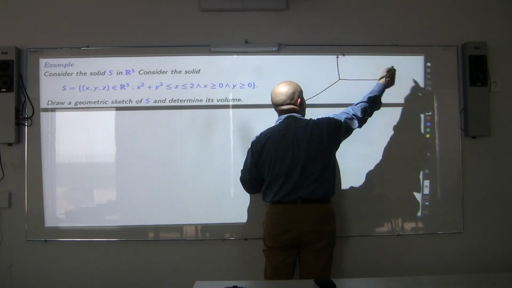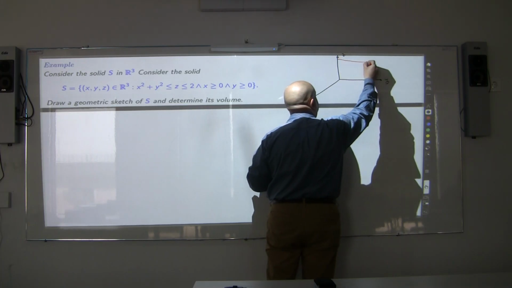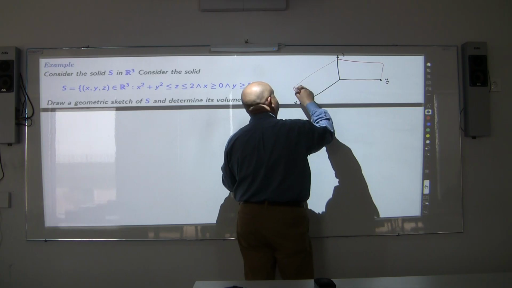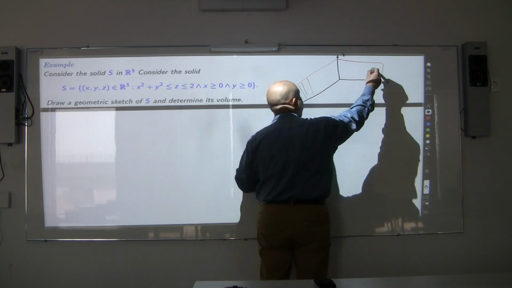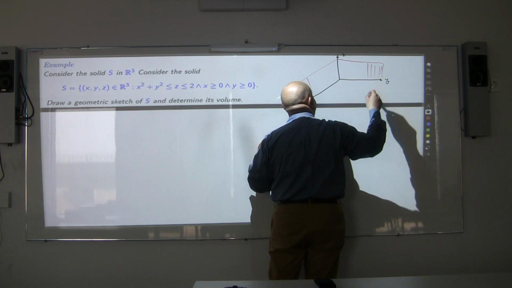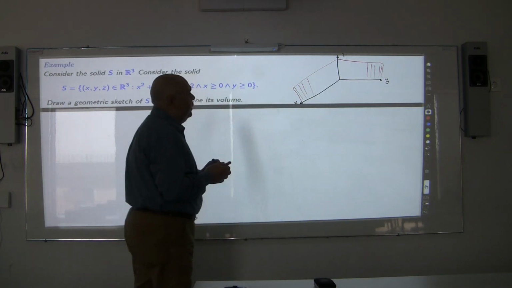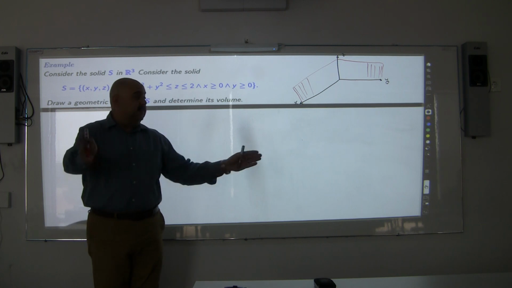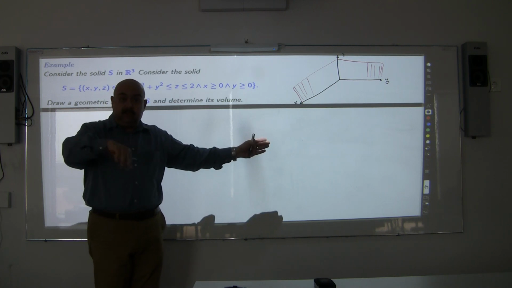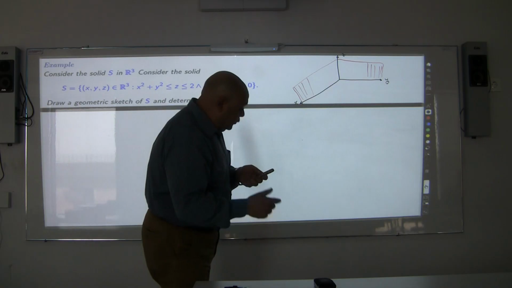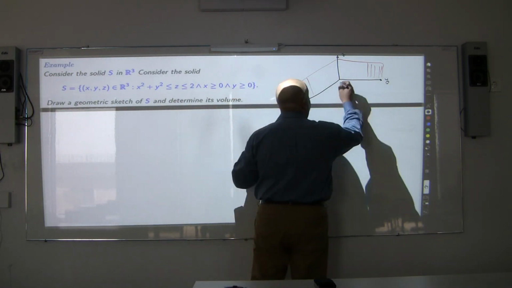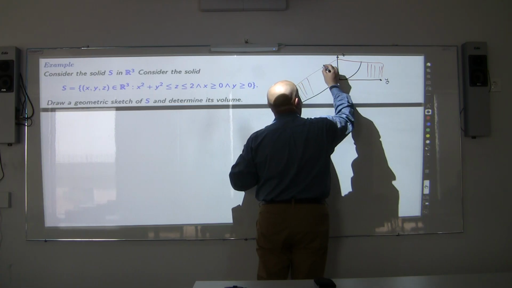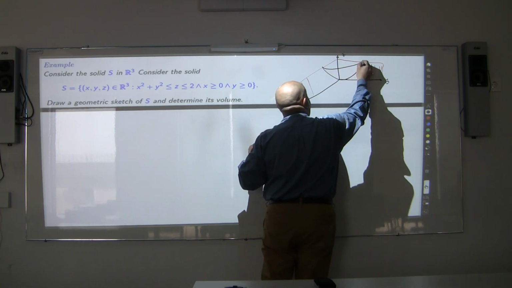So I'm talking about this part here, and y equal to or greater than 0. So these are the two sides of the plane. Okay, so we are talking about z positive, and just only the quarter of x positive, y positive.